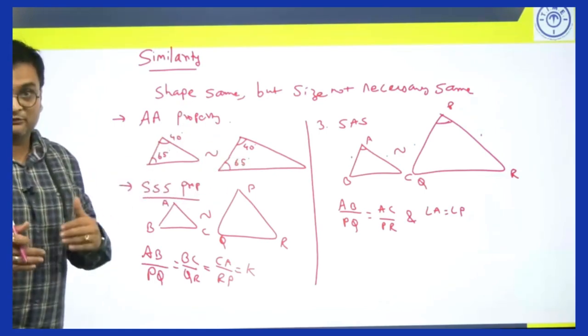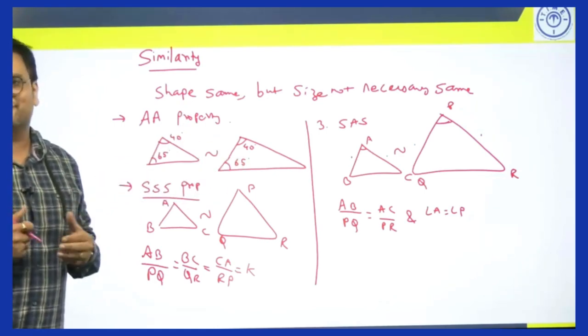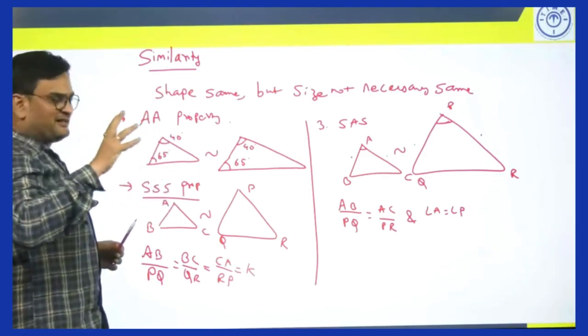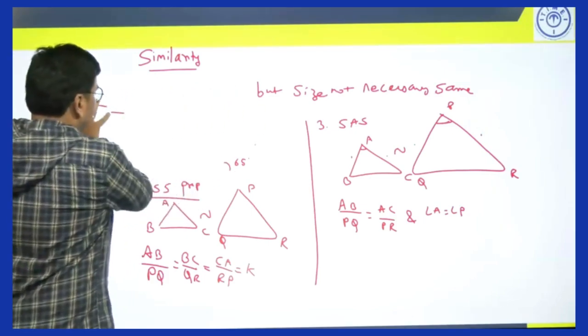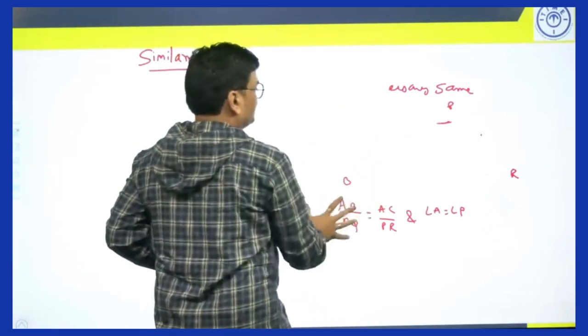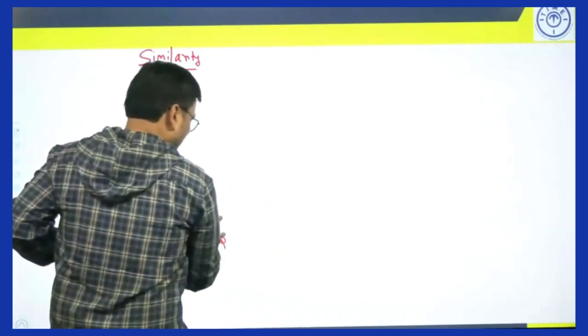Quickly make a note of it, and now let us look at what the utility of similarity is, what properties we get out of similarity. So this is how you prove similarity. Once it is proved, what do we get out of it?